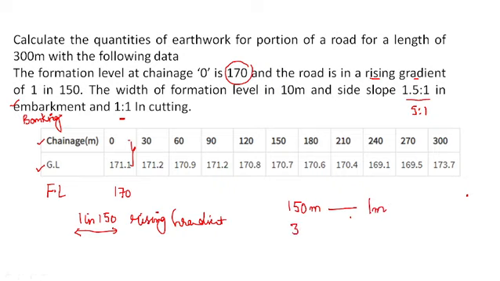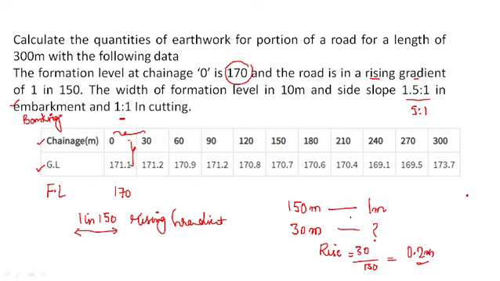Our chainage is 30 meters. For 30 meters, the rise is nothing but 30 by 150, which is 0.2 meters.